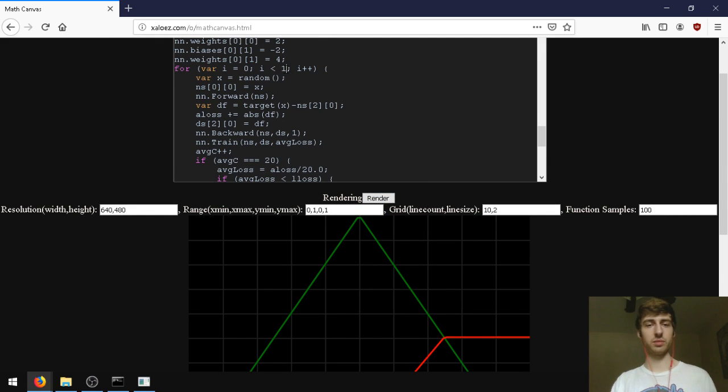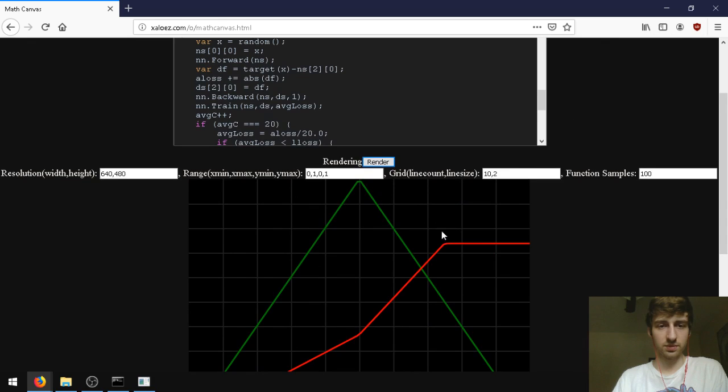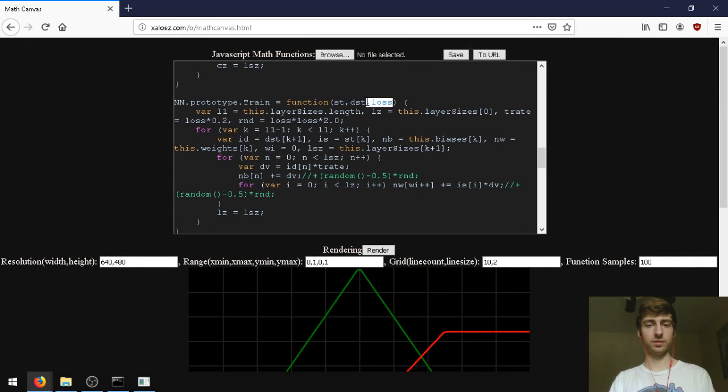So I'm going to try putting it through 100 iterations. And I'm going to try doing a fixed learning rate. Doing loss here, I'm just going to do like 0.2.